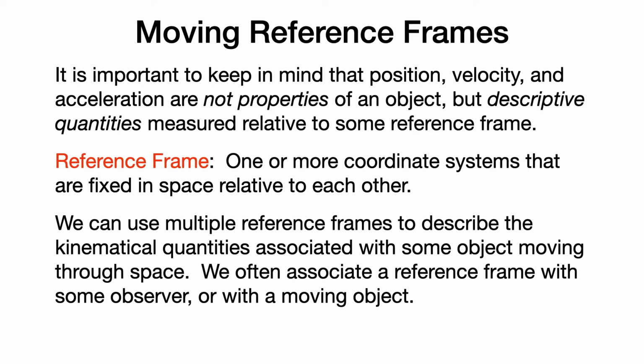To them, it's fixed, and they see the laboratory moving past them, and so it's very natural for them to have a reference frame fixed with them, but they can also see perhaps the objects in your laboratory moving around, and they can measure the positions of those objects relative to their coordinate systems in their reference frame.